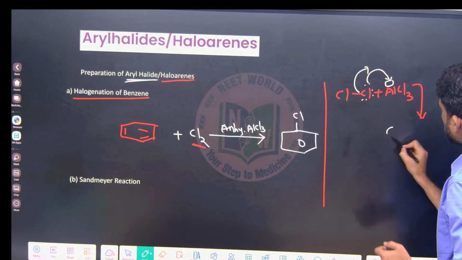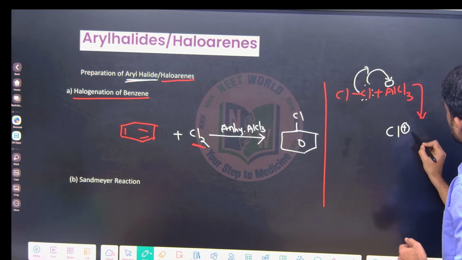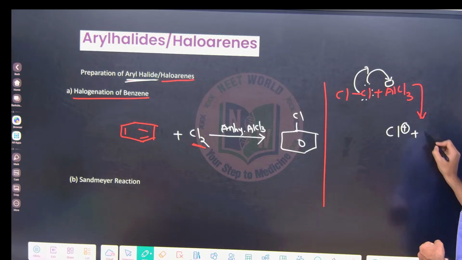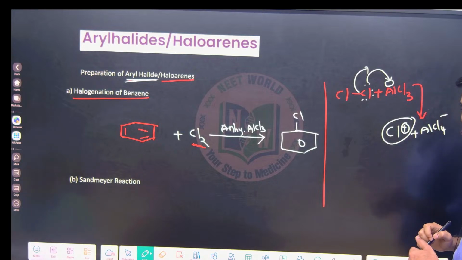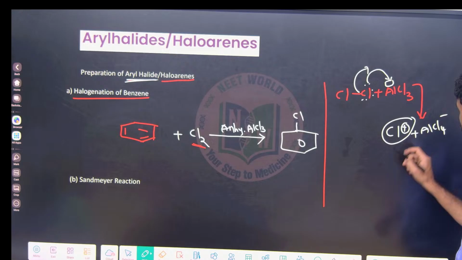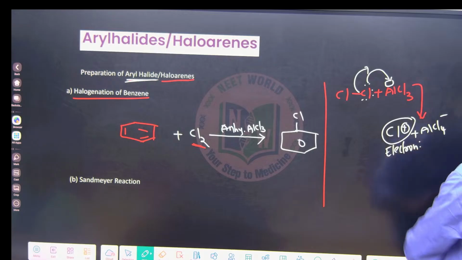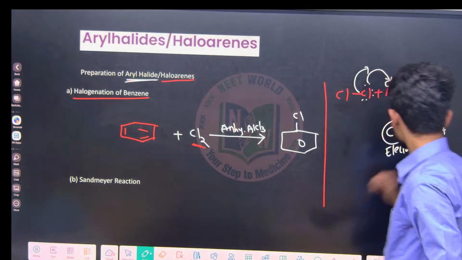So not homolytic, it is heterolytic. Like this you will get AlCl4-. So heterolytic cleavage takes place to give chlorine cation. Chlorine cation is our electrophile here. You can say halonium ion or chlorine cation. So this is our electrophile.